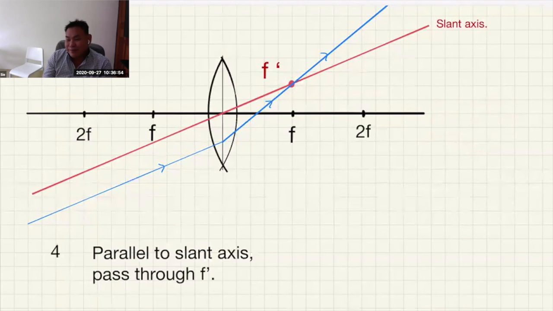After we find F prime, then the light on the other side must pass through F prime. Then you draw. So that's how you draw random light, the one that is not type 1, not type 2, and not type 3. So that's how you draw light bending on the lenses.